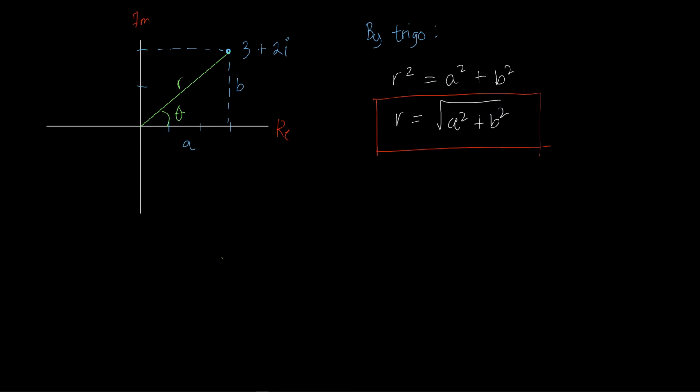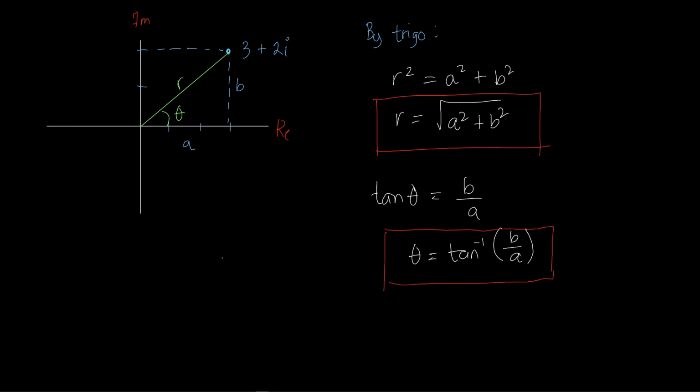So we have tangent of theta is equal to the opposite. Opposite is B over A. So we have theta is equal to the arctangent of B over A. Then, box natin yan kasi importante yan. Okay na. Naka-follow ba? Okay? Yes, po, sir. Okay.